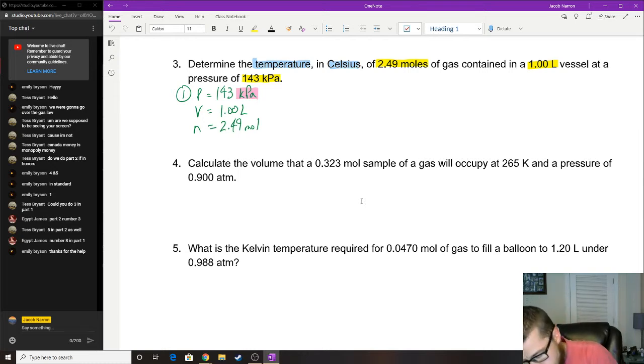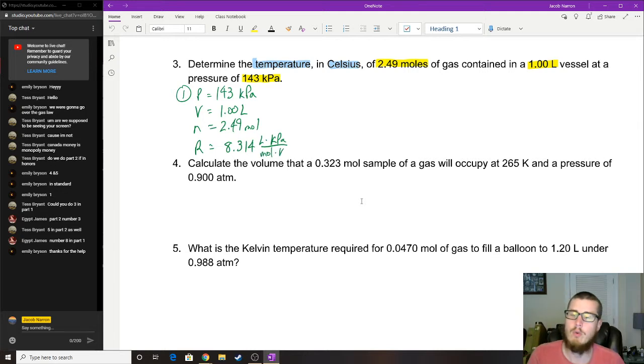So for this problem, I'm going to use an R value of 8.314, and it's going to be liters times kPa over moles times Kelvin. That's the one I want to use because it has kPa. All the units are going to work out. And you'll know if you didn't use the right R value because when you get to step number 5 and you're trying to figure out what units don't cancel, it'll be pretty obvious that something's gone wrong.